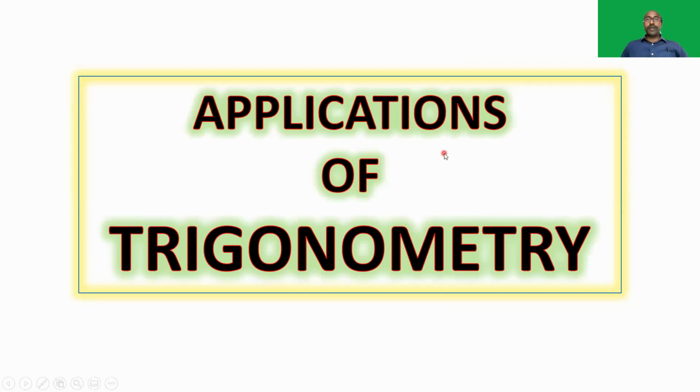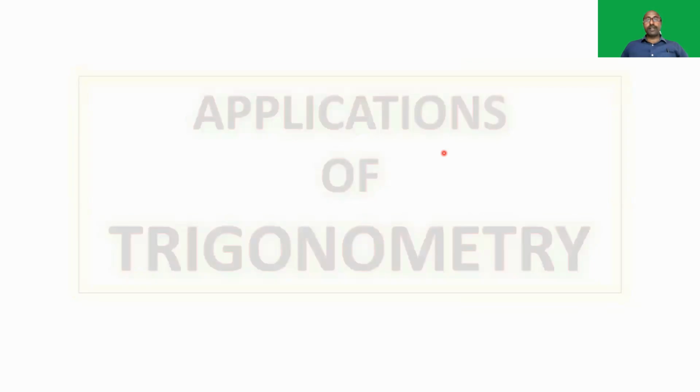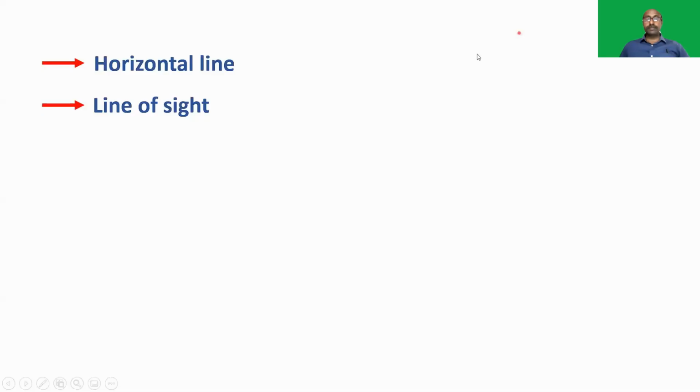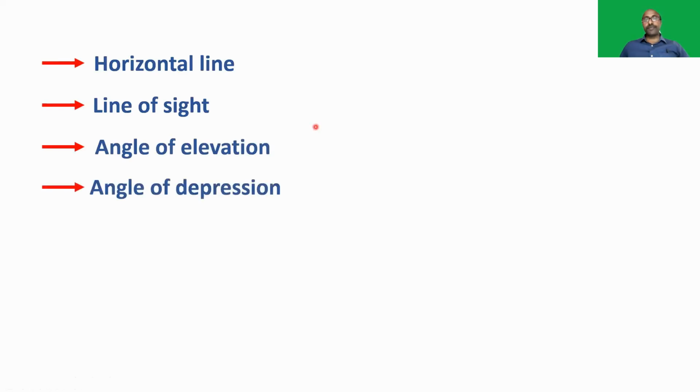Before going to this chapter, we have to be familiar with some important terms. The first one is horizontal line, line of sight, angle of elevation, and angle of depression.